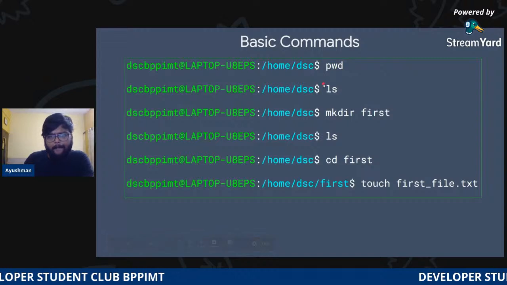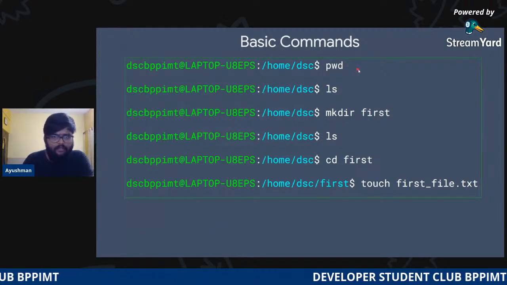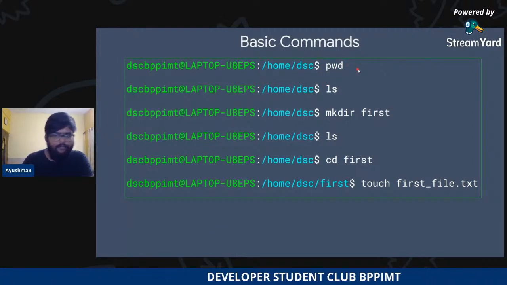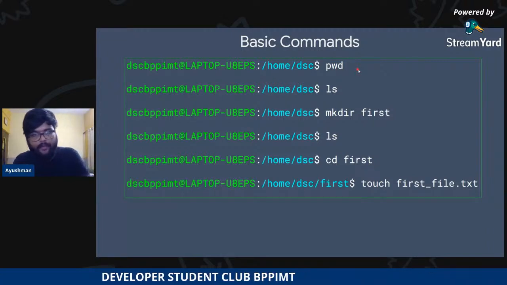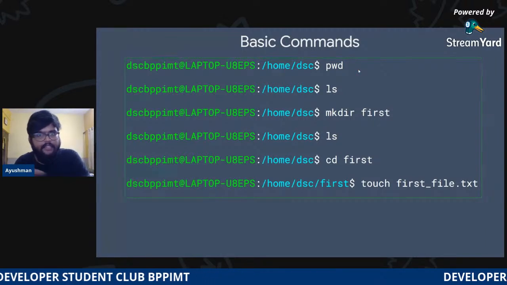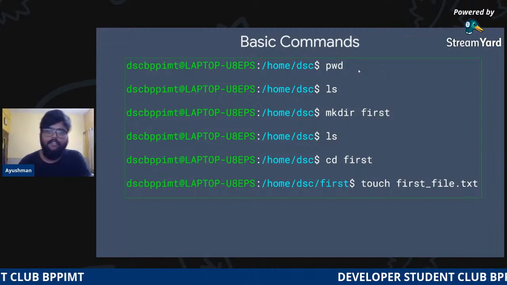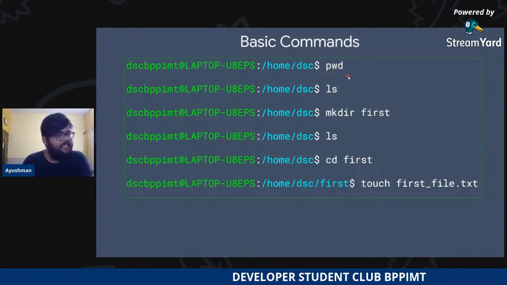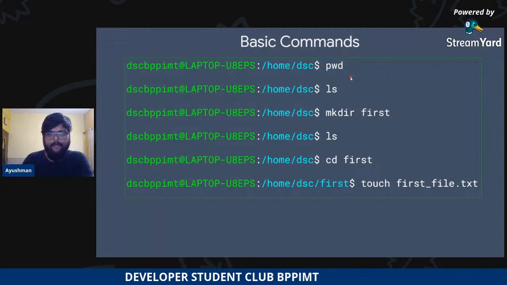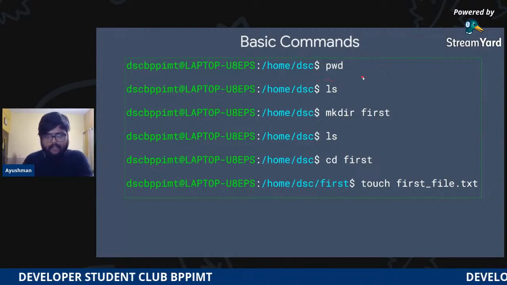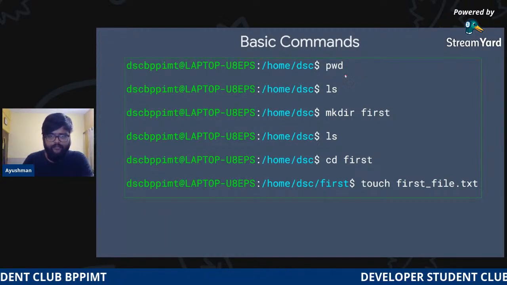If I write pwd and hit enter on my Git bash, and if you want, you can open your Git bash alongside this live session and test this out, you will get the current directory in which you are.